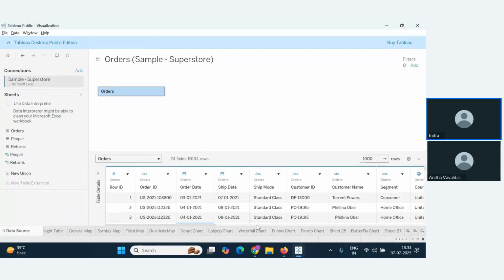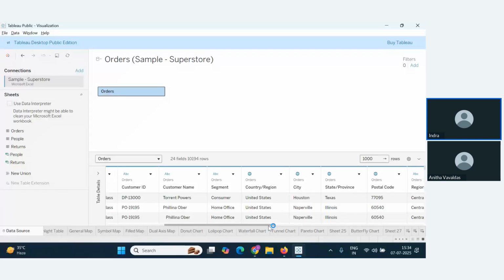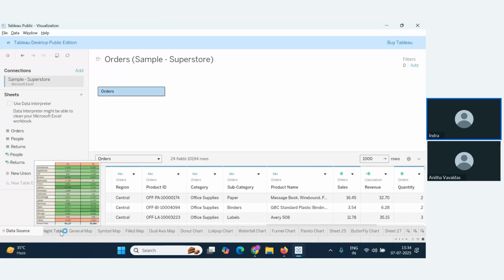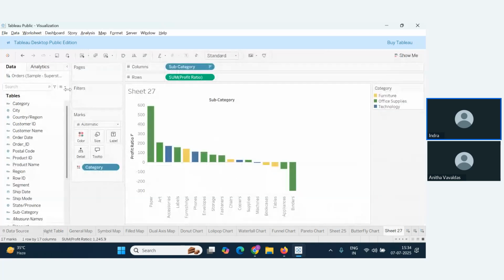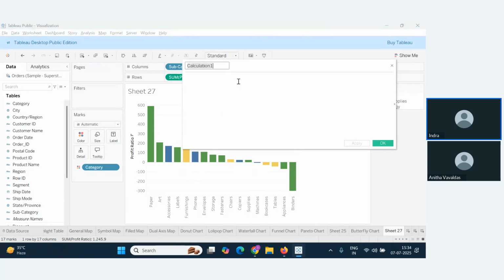Okay, whether this profit is falling under the high order or not. Okay, whether it is showing me high profit or not. Okay, I want to do that. So for this, I will create a new calculation field here. Let me go to the sheet. I'll click here. I'll go to the new calculation field here, and I will give the name here as, let's say, high profit order.